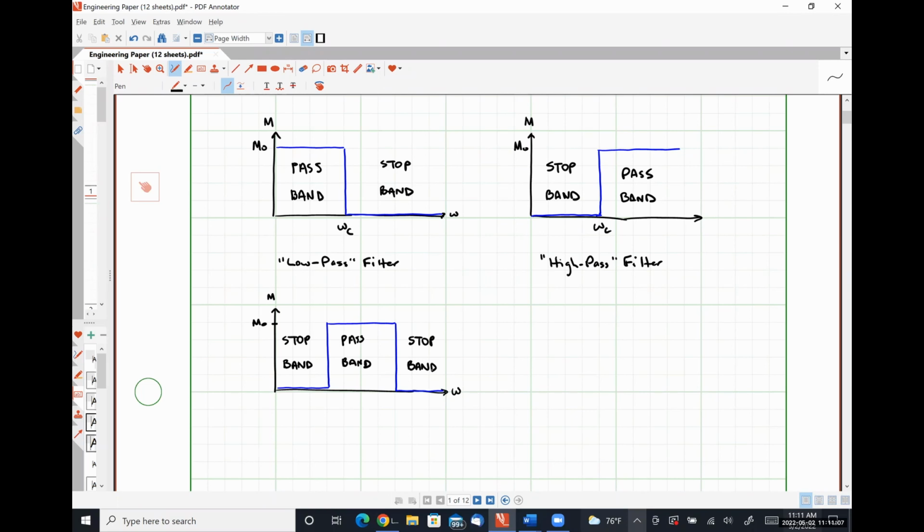Because it cuts off everything below a particular frequency, which we're going to call omega low. And it cuts off everything above a particular frequency, which we're going to call omega high. And then in the middle, we have our center frequency, omega C.